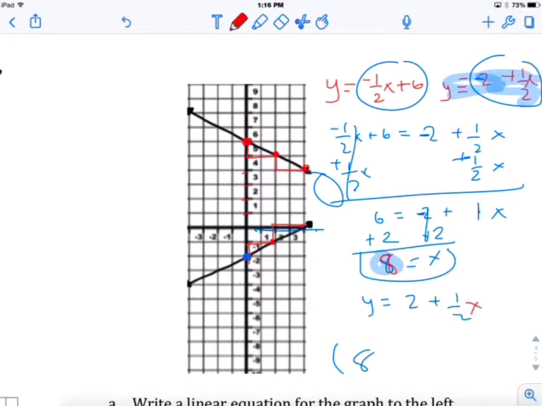So substitute the 8 into where this x is. Cross cancel. 4. 6. Doesn't make sense though. 4 plus 2 is 6. 8 and 6. Does not make sense at all to be 8.